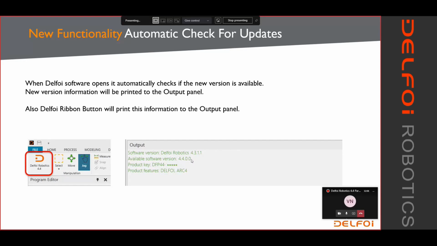And that is, of course, handy for the customers also, that they can see that there's a new version that they can use. And you can also click this Delfoi Robotics icon here on the ribbon, and you see the information of the current version, available version, and then your product key, and then all the features that are enabled in your license at the moment.